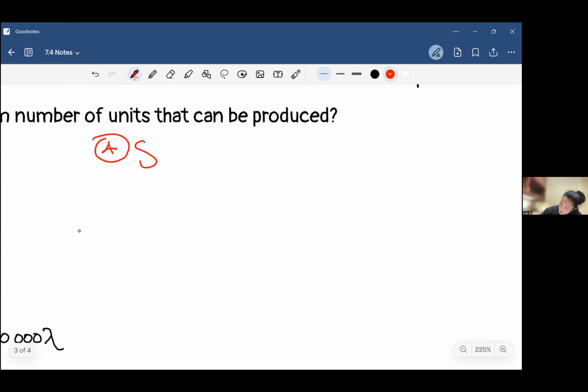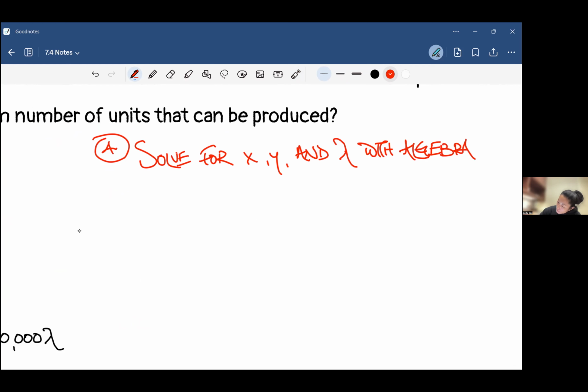So solve for x, y, and lambda with algebra. Okay. All right, let's see what we got.